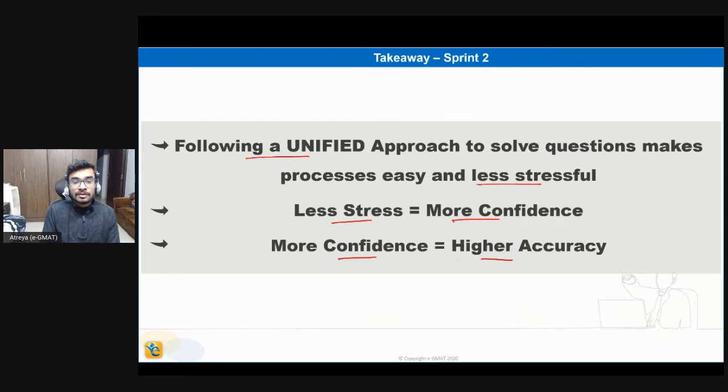So a unified approach not only makes your journey easy, it also increases your accuracy. Everything is related. Once your accuracy is good, going to that target score really doesn't become that difficult for you, right? So with that, let's first understand how we would do the entire process.